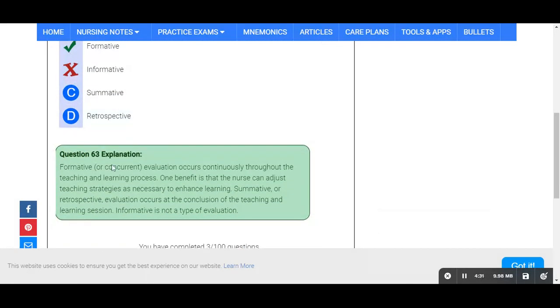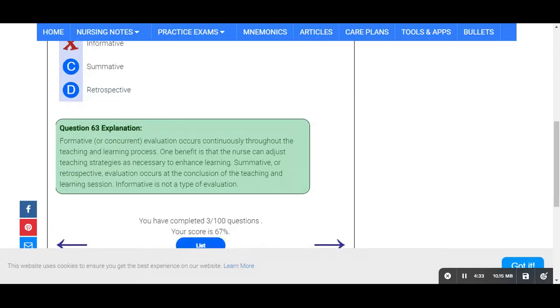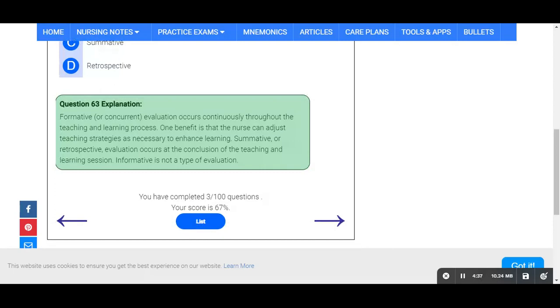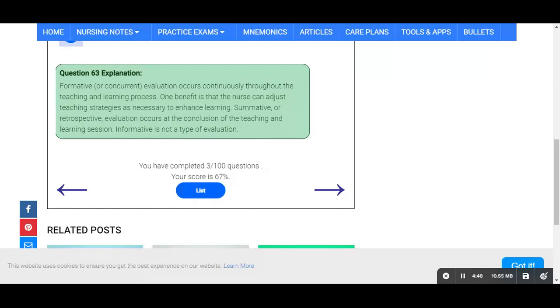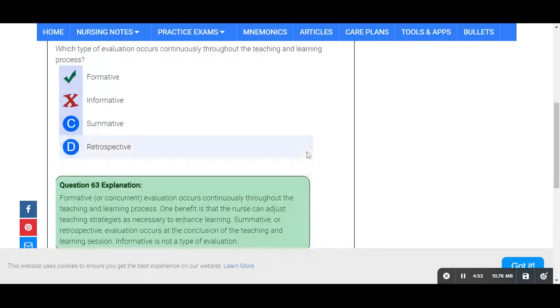Let's learn about it. Formative or concurrent evaluation occurs continuously throughout the teaching and learning process. One benefit is that the nurse can adjust teaching strategies as necessary to enhance learning. Summative or retrospective evaluation occurs at the conclusion of the teaching and learning lesson. Informative is not a type of evaluation.